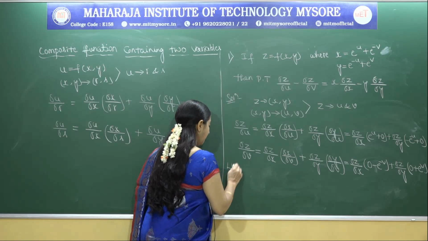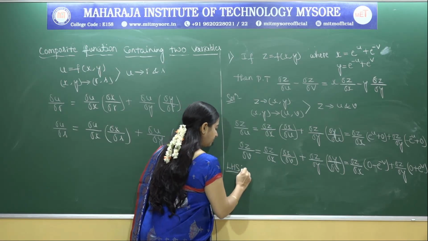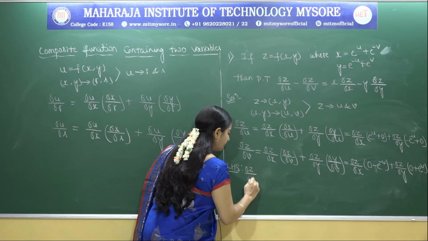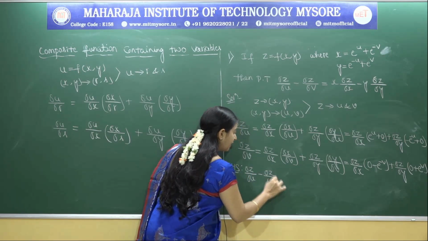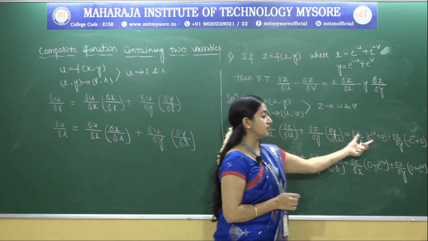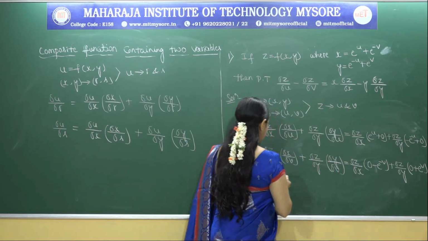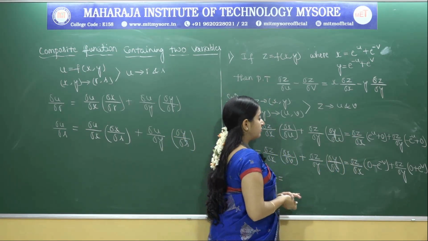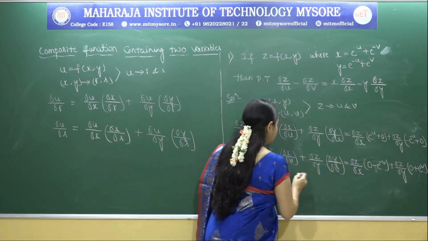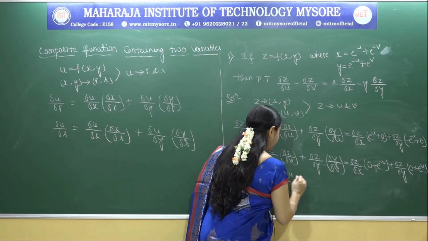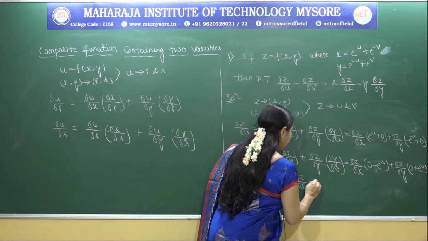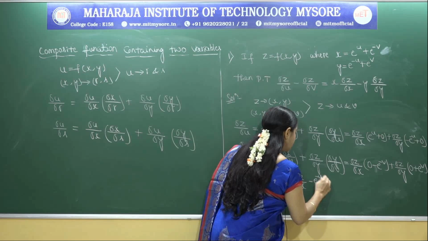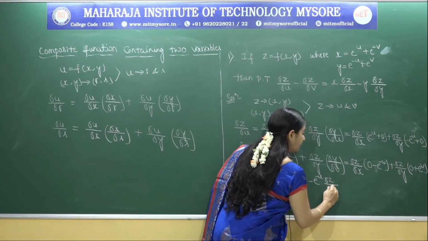So consider the LHS part, del z divided by del u minus del z divided by del v. You have to take the difference between these two. So the first term is e power u del z divided by del x minus e power minus u del z divided by del y.